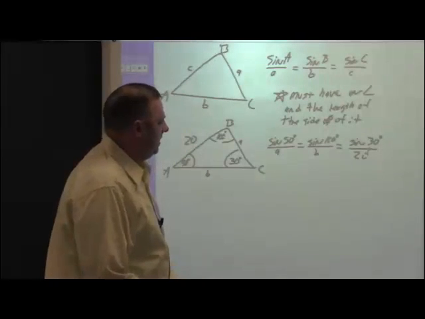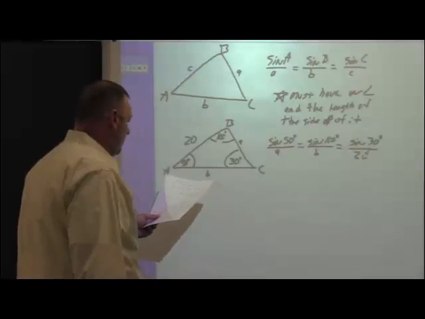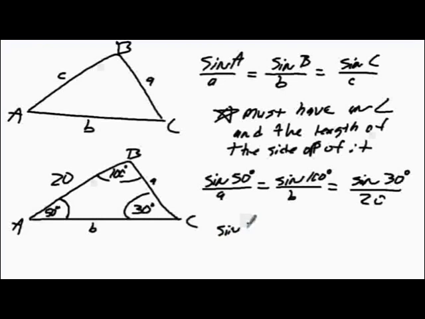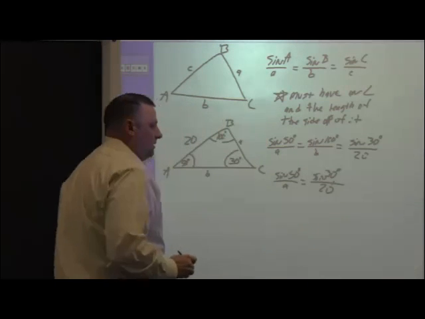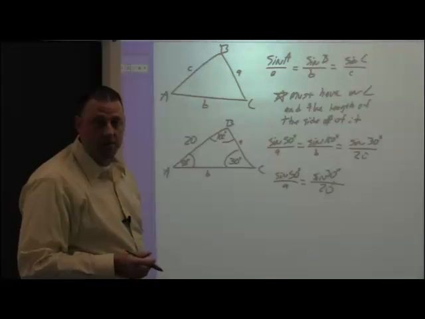You can create a proportion, a couple different proportions. We can find A and B now. So we can start by taking the sine of 50 degrees over A equals sine of 30 degrees over 20. You've got 3 of the 4 parts, and if you remember how to solve a proportion, you cross multiply.